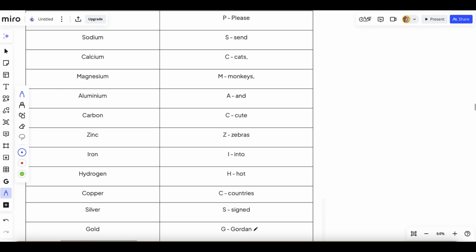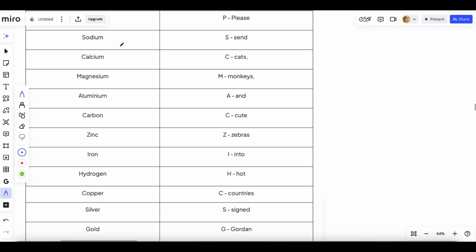Is that okay? If you remember this song, it's easy to remember and write all the metals according to the reactivity series, signed George, or signed Gordon, or whatever G name you have.